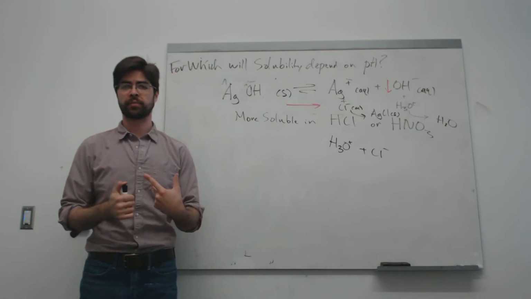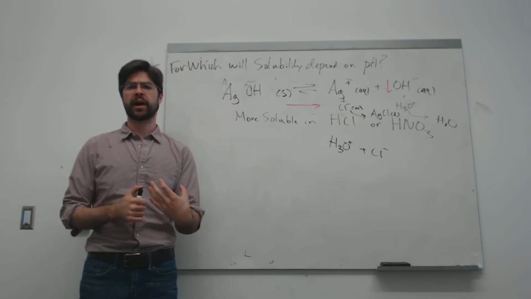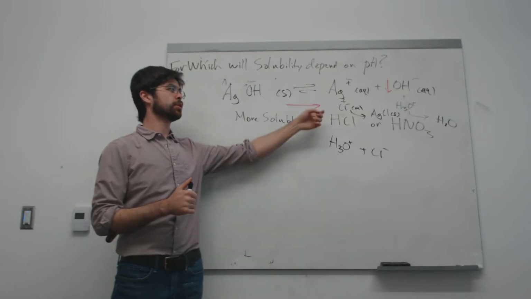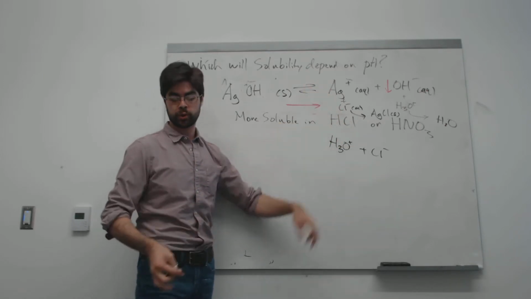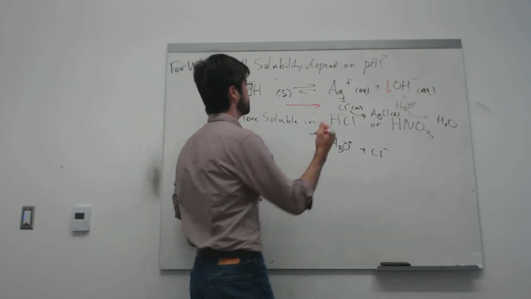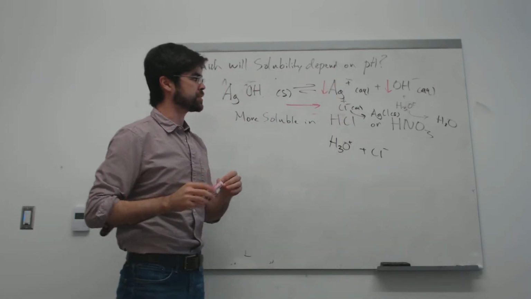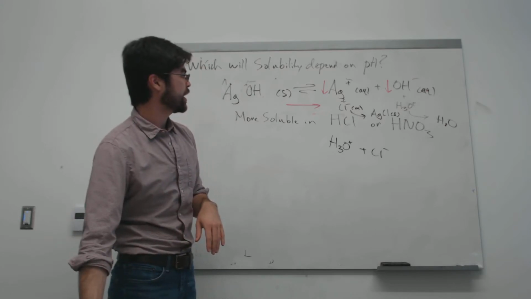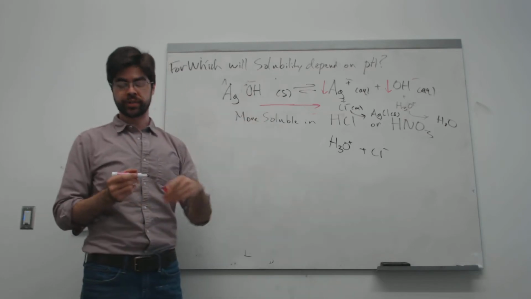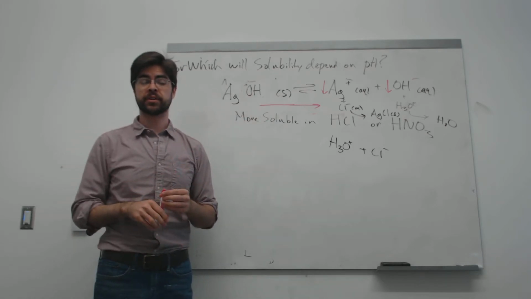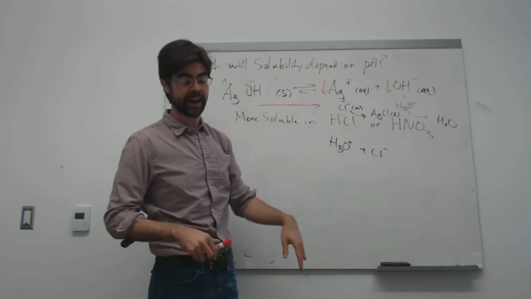If we were familiar with our solubility rules, then you can predict that silver should complex with chloride. That's going to remove chloride from solution, and then the net result here is that you have an even greater push towards the silver hydroxide dissolving, because there's two ways that you're removing products of this reaction.